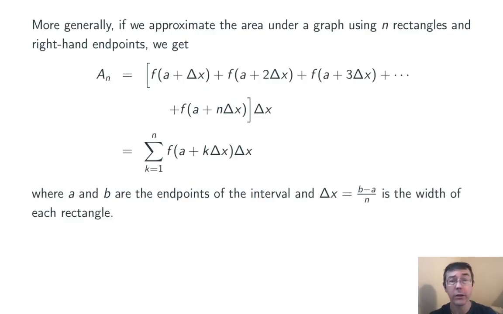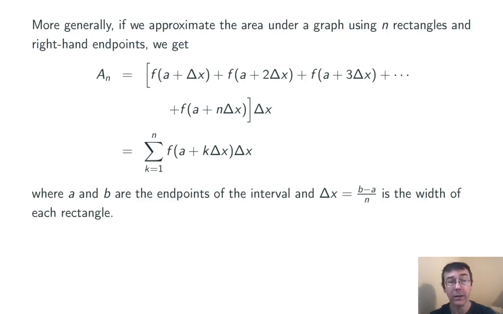Let's write a general expression for the area under the graph approximated using n rectangles and right-hand endpoints. So if we let delta x equals b minus a over n, the total width of the interval divided by the number of rectangles, we're going to get the quantity a sub n equals f of a plus delta x plus f of a plus 2 delta x plus f of a plus 3 delta x, and so on, all the way up to f of a plus n delta x, that whole quantity times delta x.